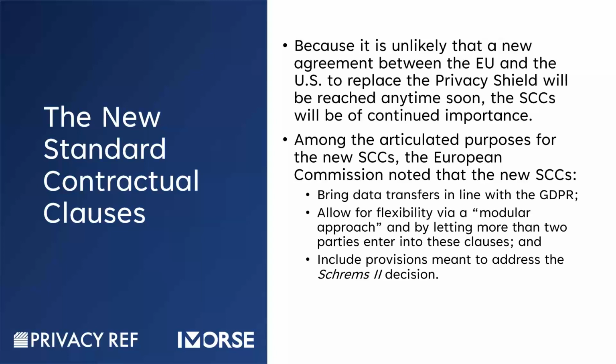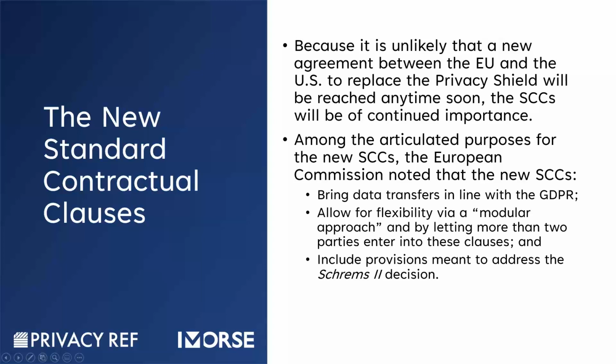So we have new clauses now, and the purposes for these new clauses, as articulated by the European Commission, were to bring the transfers in line with the GDPR, and also to allow some flexibility through what they call a modular approach, which we'll discuss in a little bit, and also by letting more than two parties enter into the clauses.